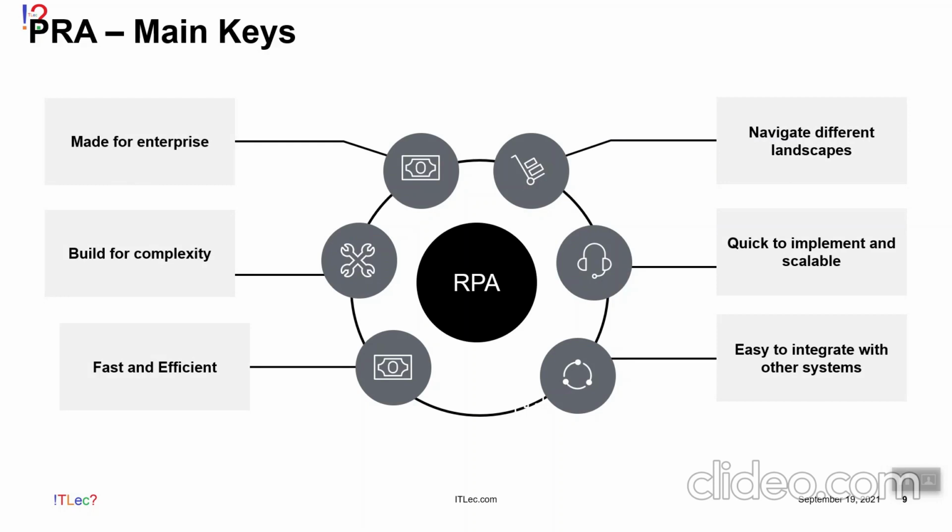It is easy to integrate with other systems, with no need to know the API specification; only the GUI is enough. It is made for enterprise, to handle huge amounts of repetitive tasks, and it is built for complexity. By integrating with AI, it can handle complex scenarios, and the result will be fast and efficient.